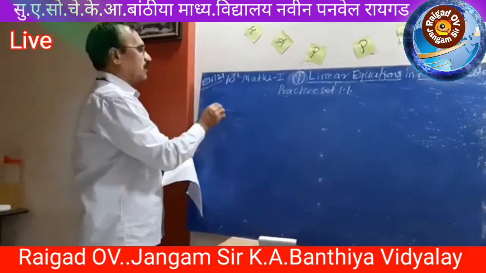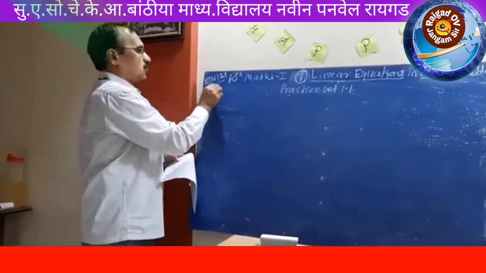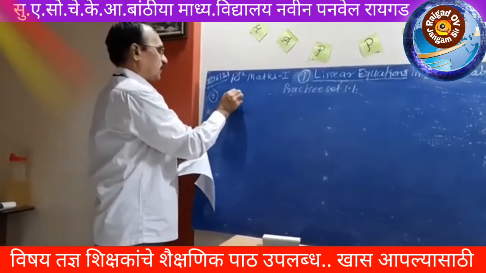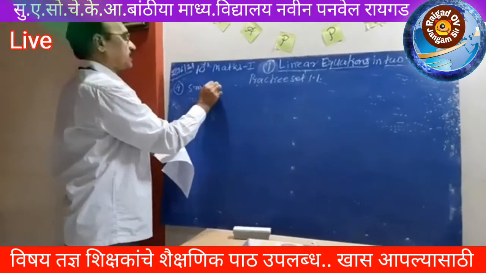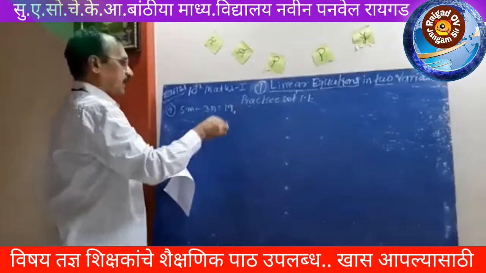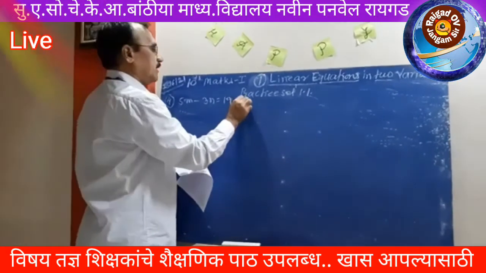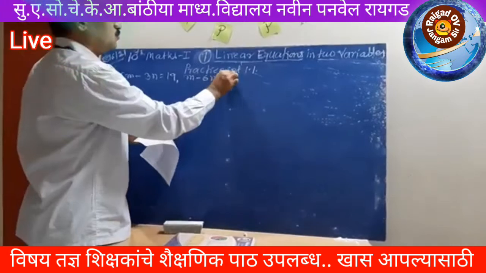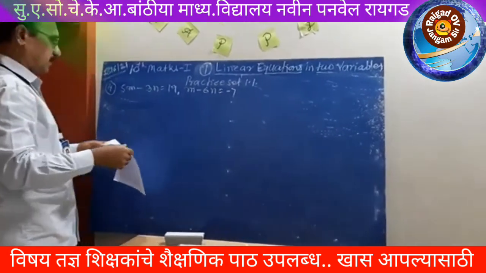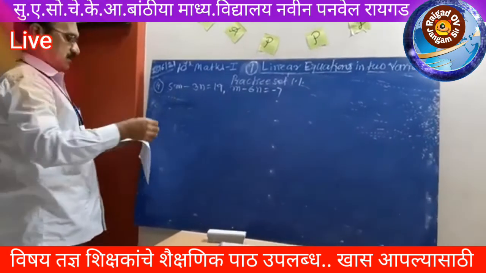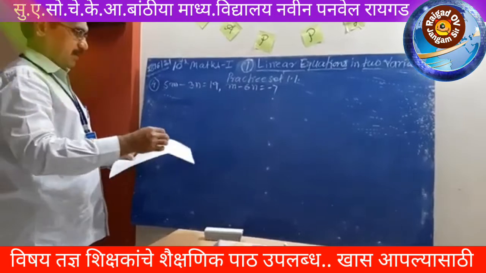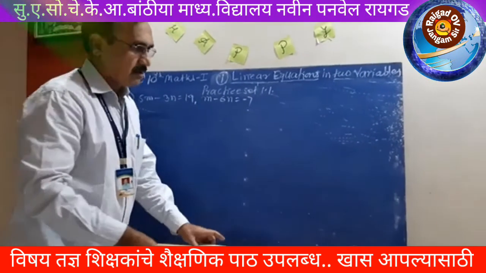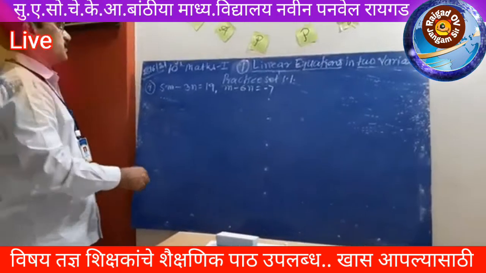Here example number 4 from this practice set 1.1, that is 5m minus 3n is equal to 19 and m minus 6n is equal to minus 7. Now we have to solve this equation.